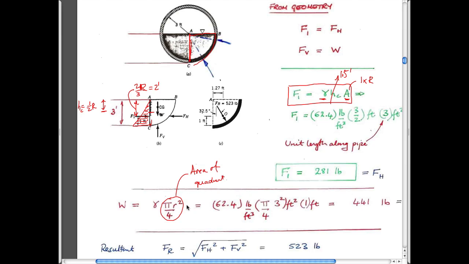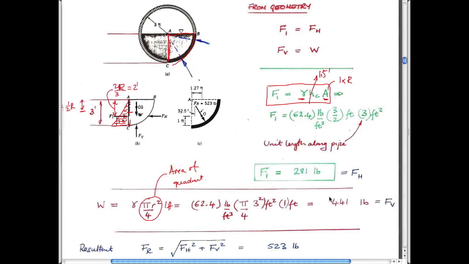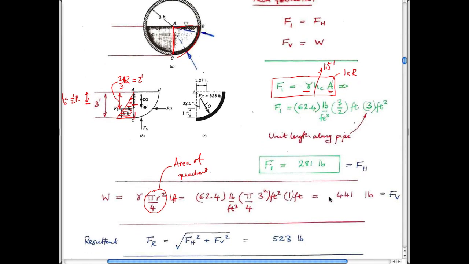I suppose it's also multiplied through by 1 foot, because this is an area times a length, which is a volume, times the unit weight, which gives a force. And so you get a force from that, which is the vertical force. And so we know that resolving horizontally, the horizontal forces have to equal each other. We know that the vertical force has to equal the weight.